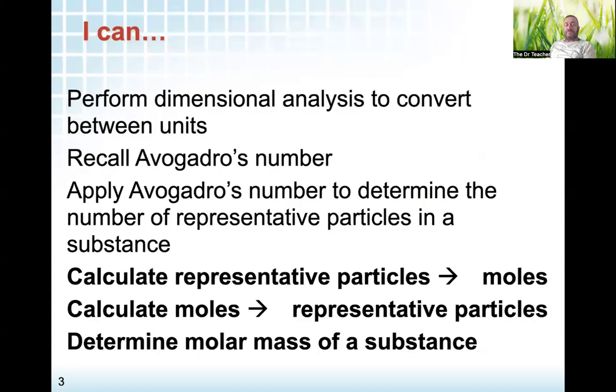So, performing dimensional analysis to convert between units, we have to recall Avogadro's number. We apply Avogadro's number to determine the number of representative particles in a substance. There is how much and there is how many.